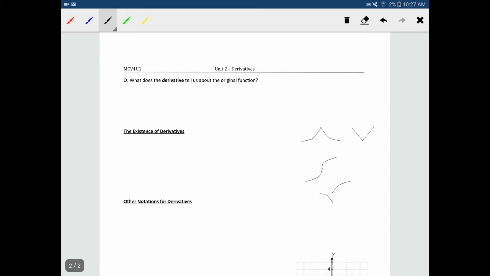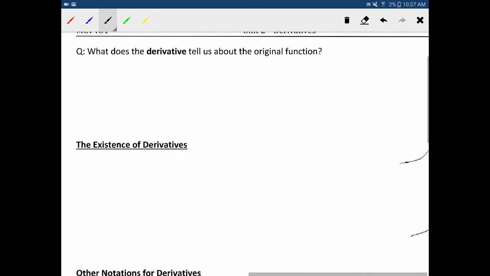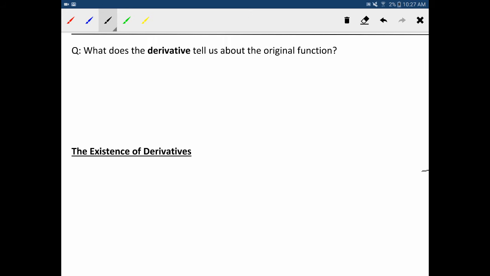All right, so let's take a look at what the derivative tells us about the original function. What it's telling us is the slope of the tangent, or the rate of change, at any point on the original function. So it gives us an equation to calculate it easily.